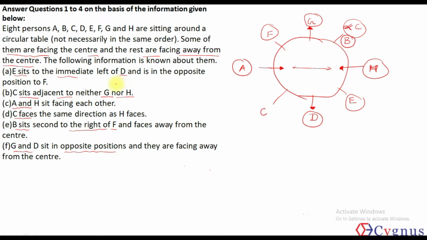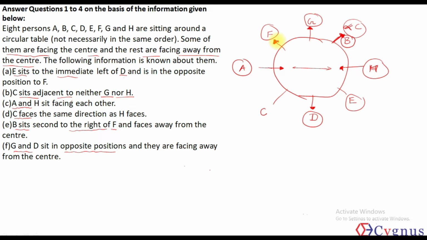And it was also given that B is facing towards what? B sits second to the right of F and faces away from the center. So this is B. He's facing away from the center and he's sitting to the right of F. This is F. I don't know the direction of F, but I also know that B sits second to the right of F. B should be on the right of F. That means F is also looking away from the center.